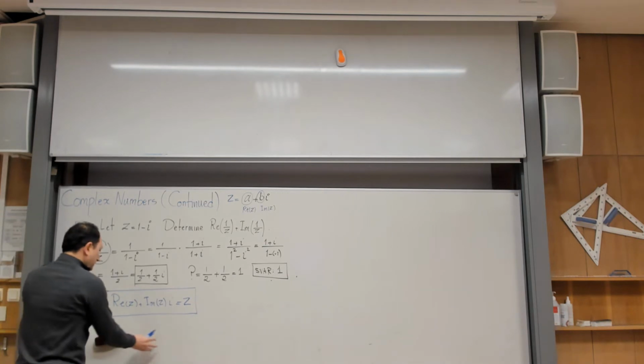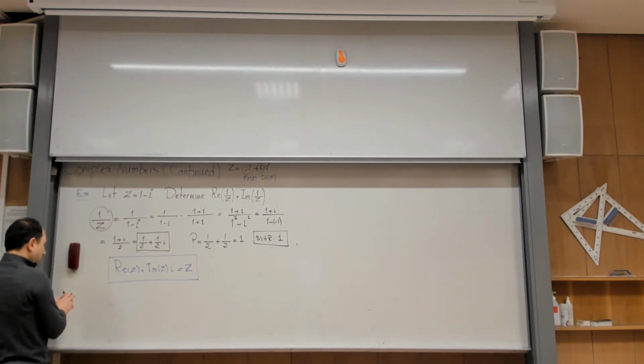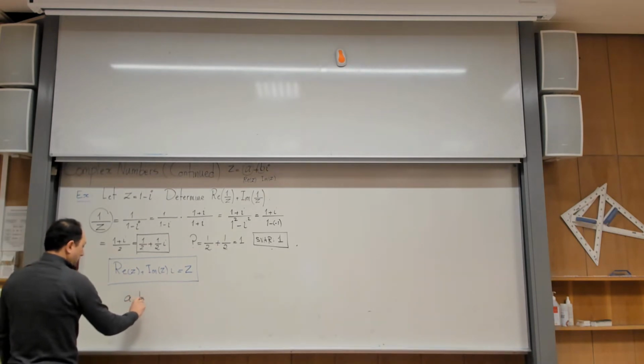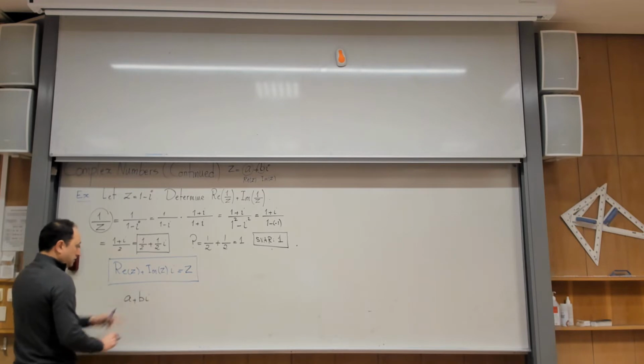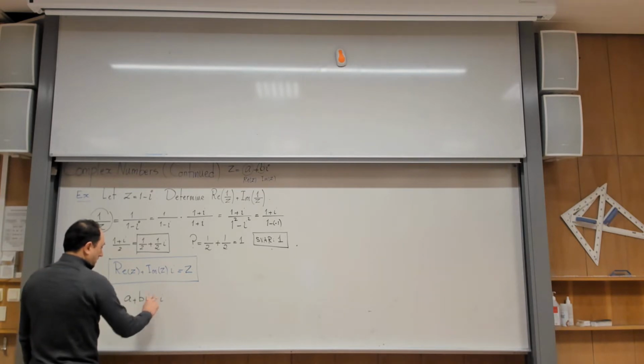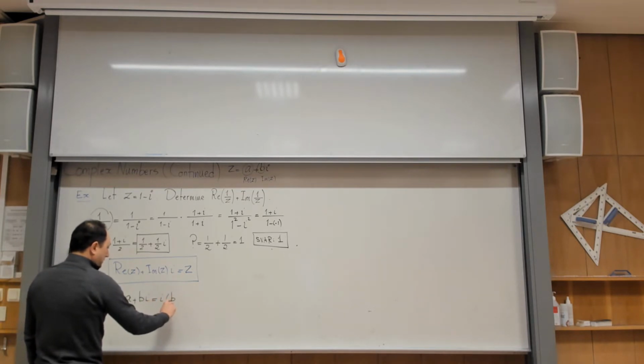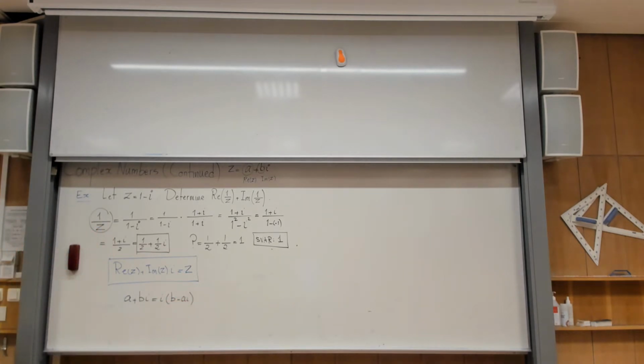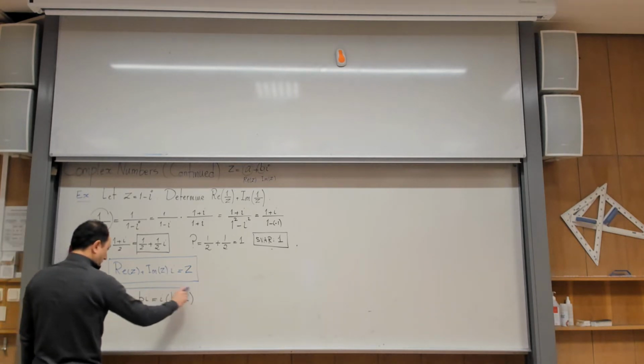This I want you to understand, that's good to remember. If I give you a complex number like this, a plus bi, and I want you to factor I out, I want you to see that this can be written in this form. So sometimes you need to factor an I out.